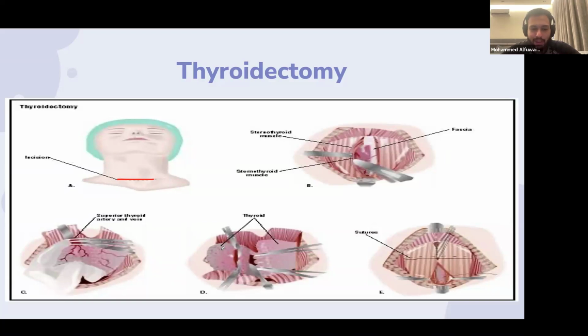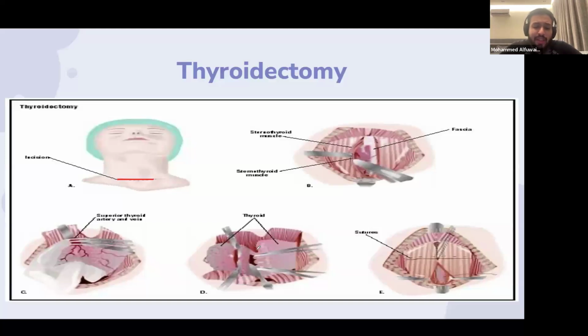So what do you suspect if you remove the thyroid with the parathyroids? You have hypoparathyroidism. This is the most common cause of hypoparathyroidism, and we'll talk about this in a bit. It's one of the most important complications.